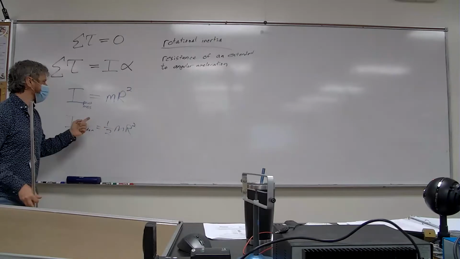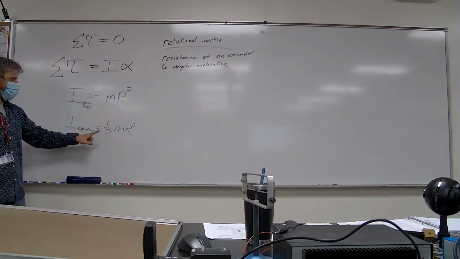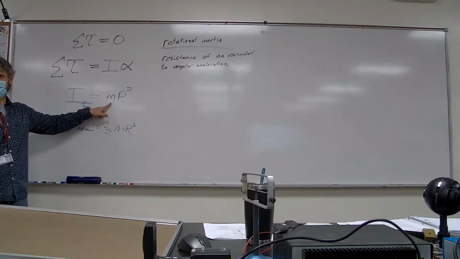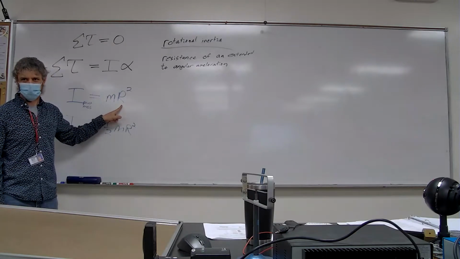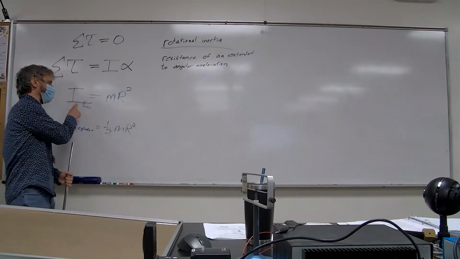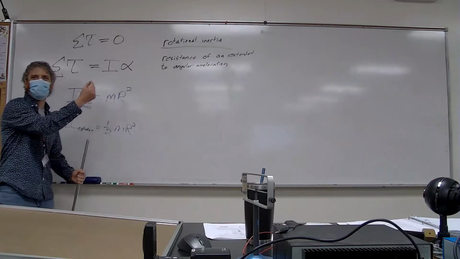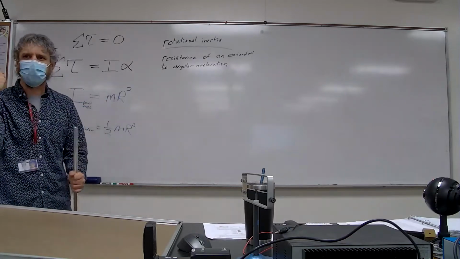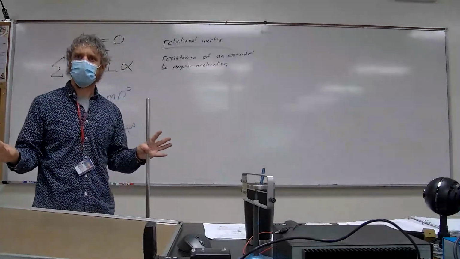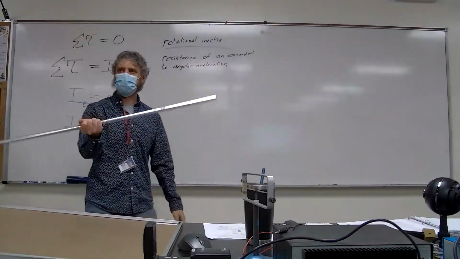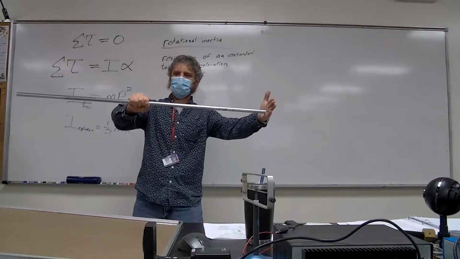So what happens is that while the mass of the rod hasn't changed, the distribution of that mass has changed. And so when you're talking about rotational inertia, the R's or the L's, you want to have it in your head that they're really talking about how the mass is distributed about the axis of rotation. Right? If I have this axis of rotation here, I got this much mass.